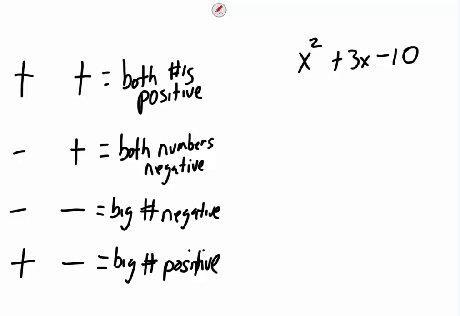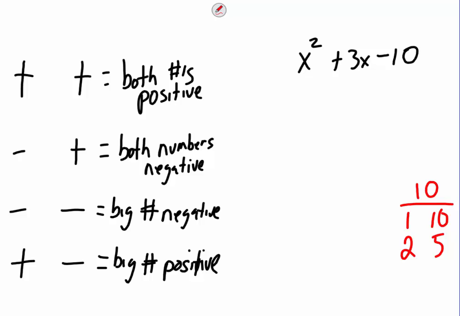It's a plus negative. Plus negative means that the big number is going to be positive. So I'm going to take my 10, and 1 times 10, 2 times 5. 3's no, 4's no. So that's it.